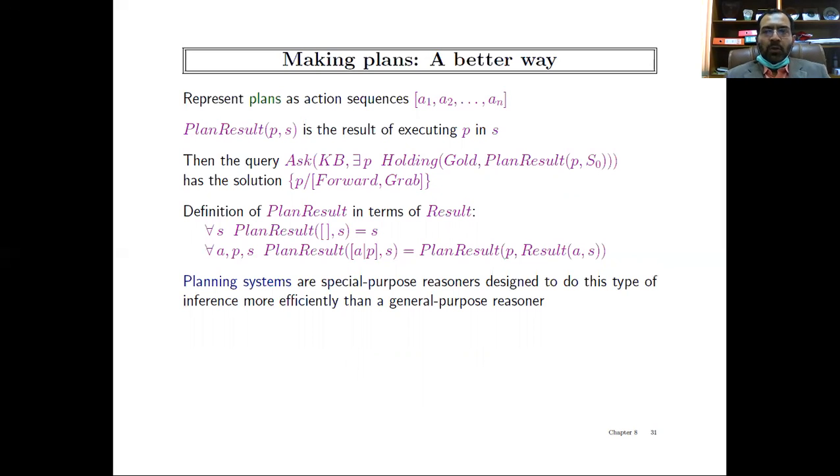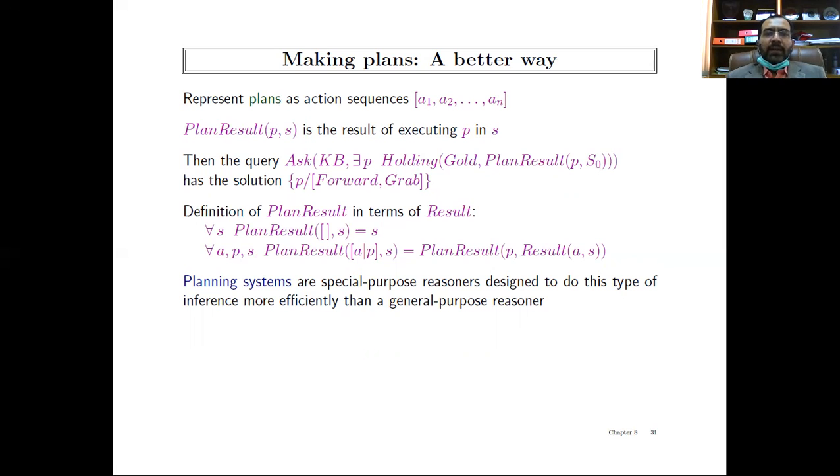So that represents the whole set of actions. You are looking to plan a result: result of P, S is the result of executing P in S. So whatever you have executed in P in the given state, based on the given actions, you can plan all the results and see what will happen.